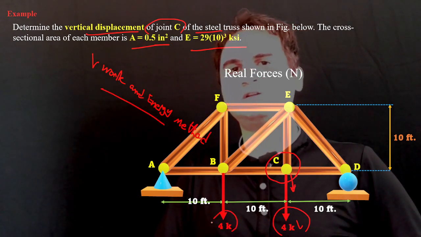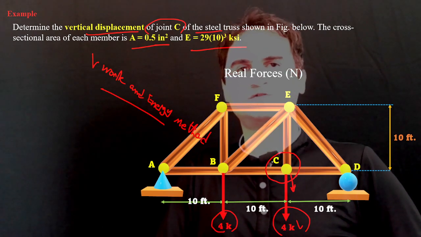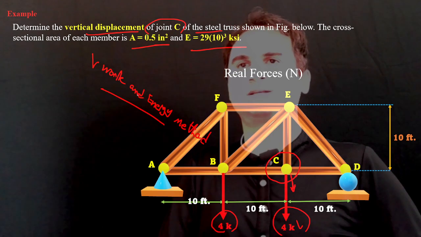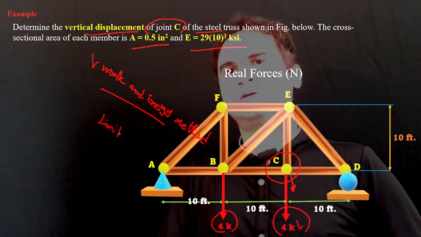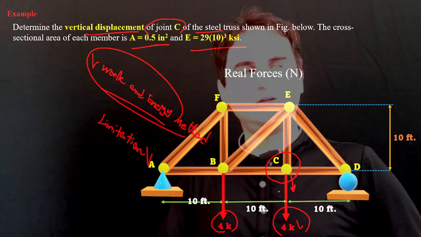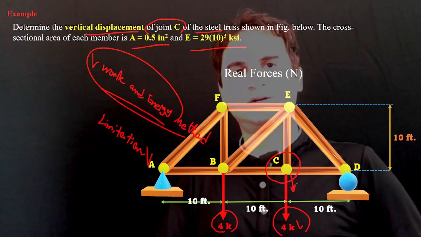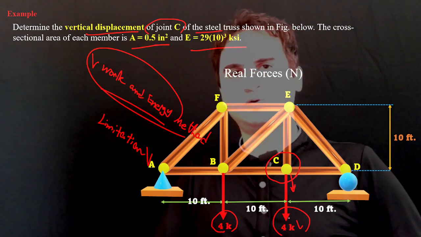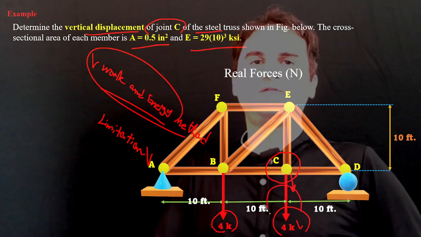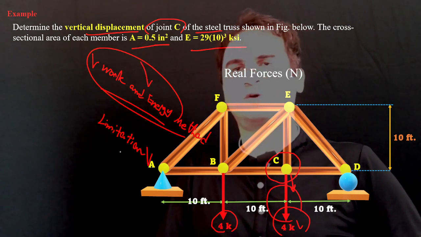But because the other force also has an effect on the vertical deflection of joint C, there is a limitation of the work and energy method. If you have a force applied at the same joint and you want to observe the deflection in the same direction as your force, and that's the only force on your structure, you're more than fine to use work and energy.